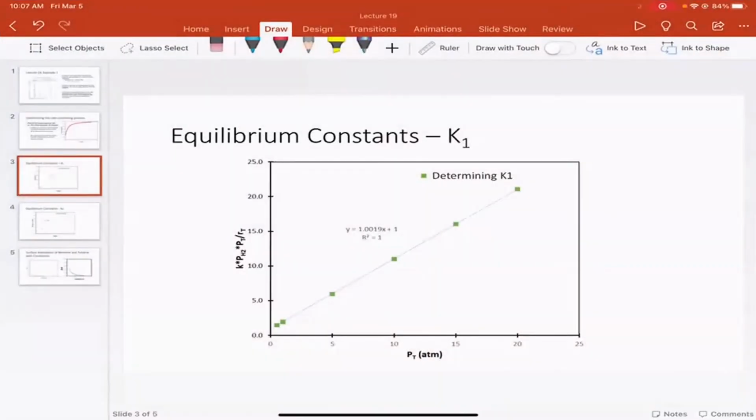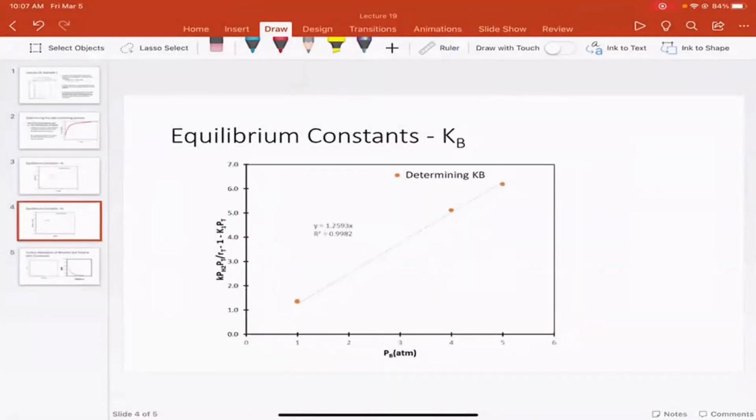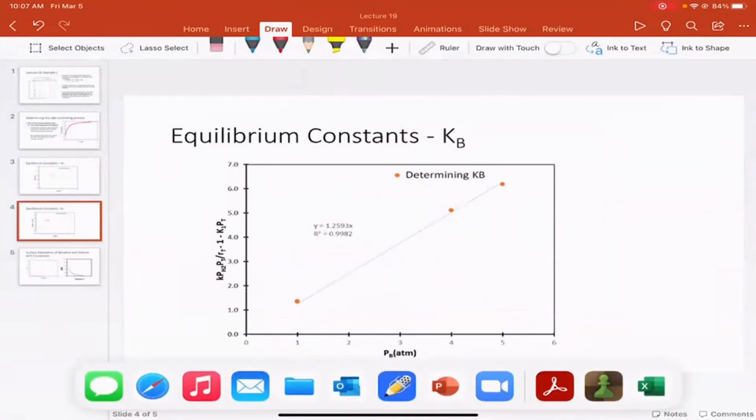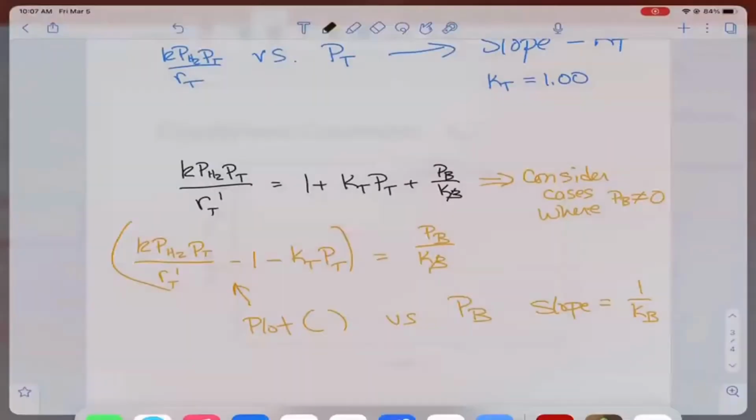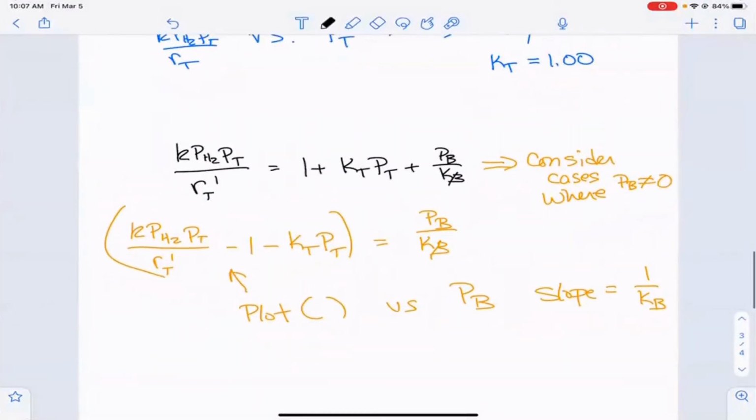And I did that as well. We find that the slope is equal to 1.26. So if we look at KB, that just equals 1 divided by 1.26, which is equal to 0.79.